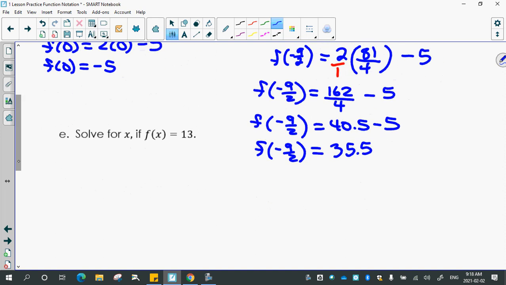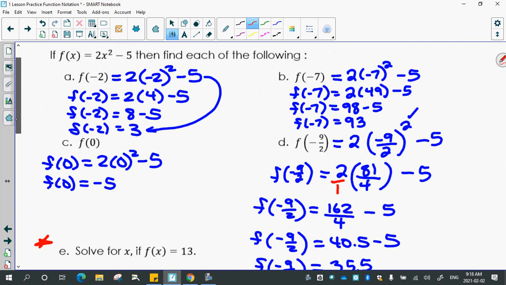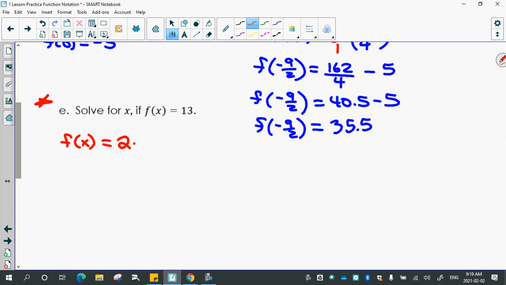All right, E, solve for x if f at x is 13. So a little star beside this one. A little bit of a thinker here. So we know from our definition that f at x is 2x squared minus 5. So this question's set up differently. It doesn't say find like f at 5, for instance.